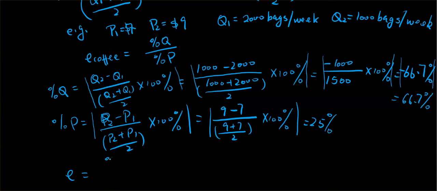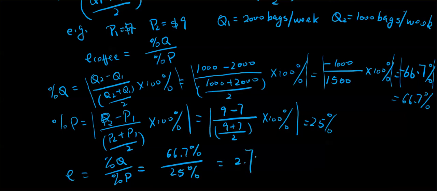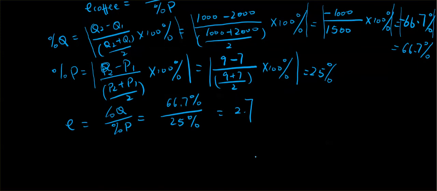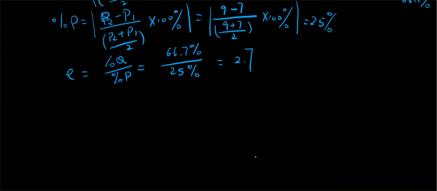The percentage change of the quantity divided by the percentage change of the price gives you 66.7% divided by 25%, and you get 2.7. So 2.7. The next question is, how can we decide the goods? In the next video we will talk about it.